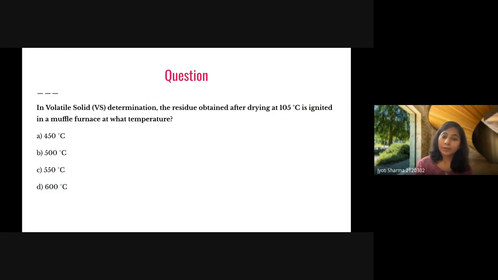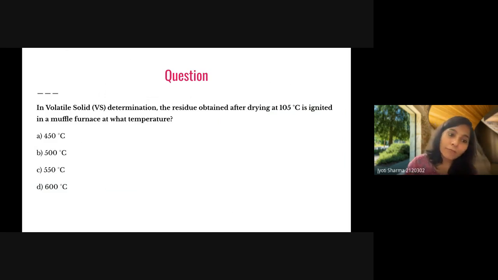Now here we are moving to solid waste, or you can say the soil. So in soil or in solid waste, we do have different kinds of parameters, for example volatile solid, suspended solid. Such parameters we also have to measure.